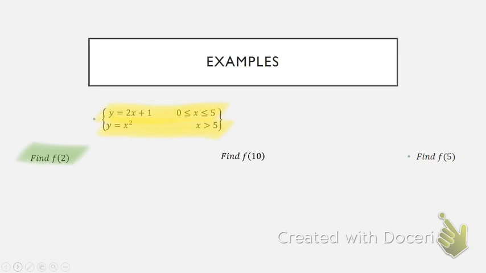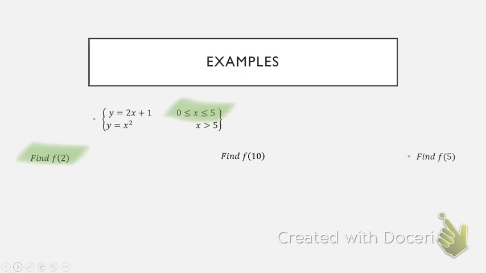So if I have an x value of 2, what is my f of x, or what is my y value? First I have to determine which domain 2 falls in. So my options: is 2 between 0 and 5, or is 2 bigger than 5? 2 is in fact between 0 and 5.